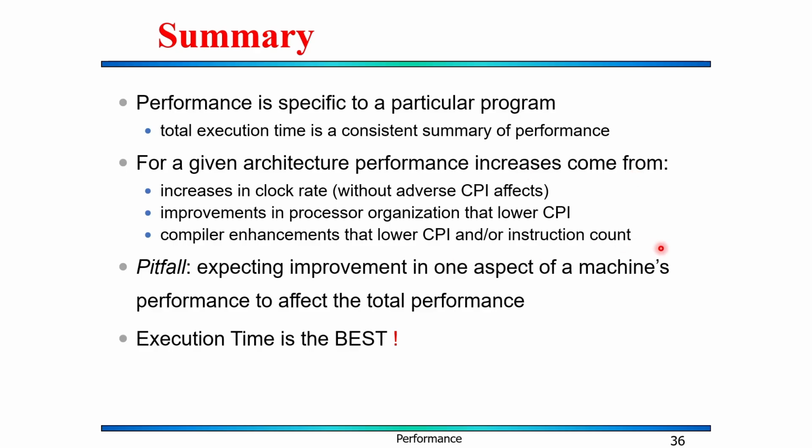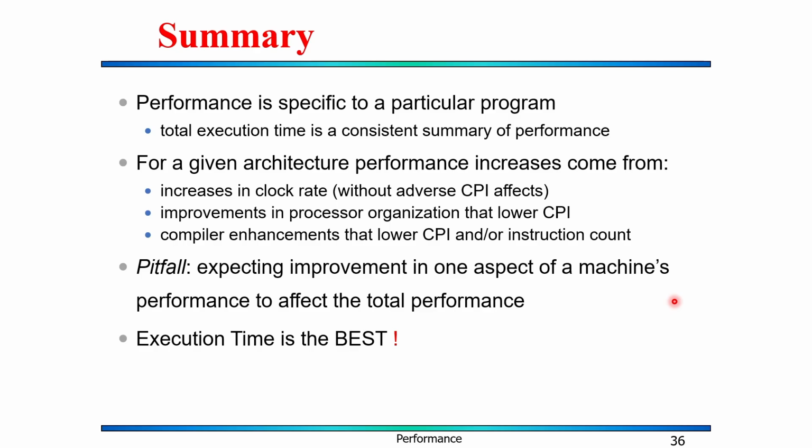Here is an important pitfall to avoid. Do not expect improvement in one aspect of a machine's performance to automatically improve total performance. For example, increasing clock rate might require more pipeline stages, which could increase CPI and cancel out the benefit. Or improving CPI might require more complex hardware that slows down the clock.